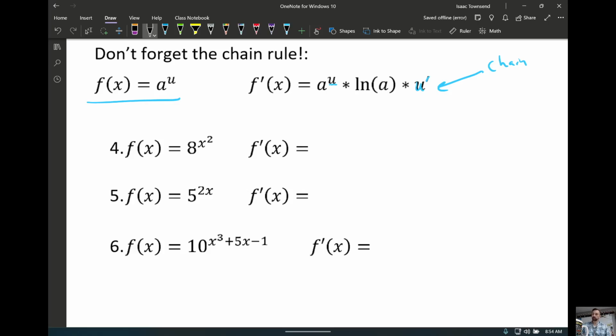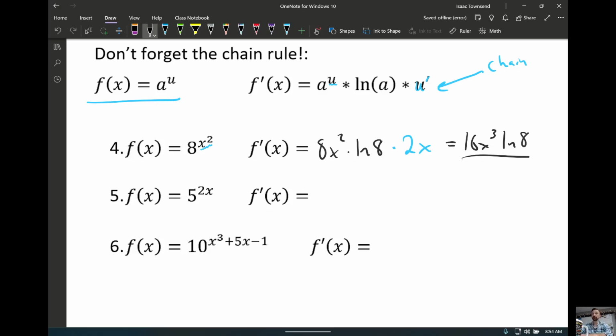So 8 to the x squared is going to have an 8 to the x squared times the natural log of 8, just like we did above. But since this inside does not have a derivative of 1, we need to multiply by its derivative. So times 2x is the chain rule, and we'd probably make the answer look like this. Something like that.